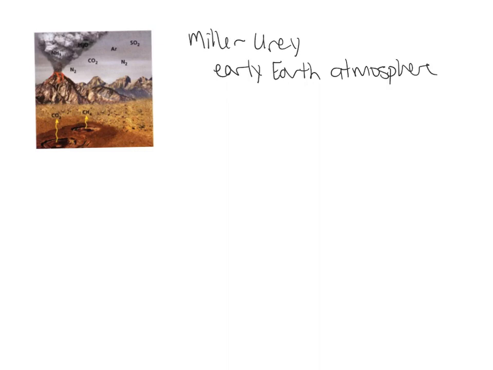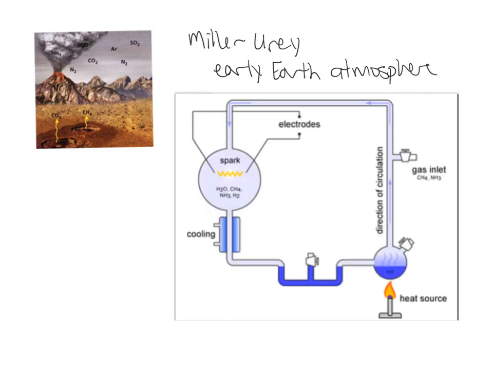And their experiments looked something like this. So the water vapor that existed in the early atmosphere did condense and form small pools on the surface as the Earth cooled. So that's where this water right here is coming from.